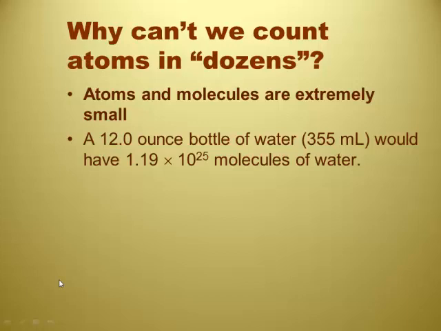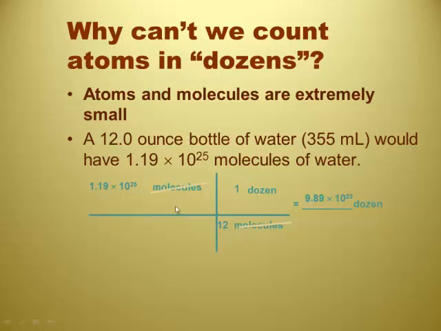If we try to count that in dozens, we'd take 1.19 times 10 to the 25th molecules, and say that 12 molecules is a dozen, and we'd find that in terms of dozens, it has 9.89 times 10 to the 23rd dozen molecules.